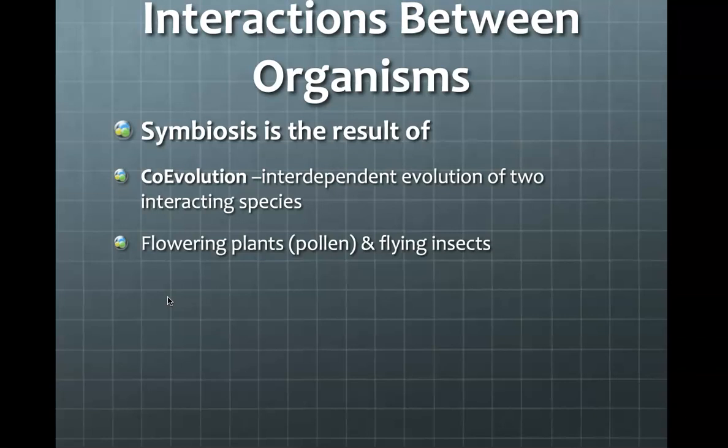Not every insect can get into every flower shape to reach the yummy pollen. So we start to see very specific species of insects tied to very specific species of plants, and so on and so forth. This is just a textbook example of coevolution.